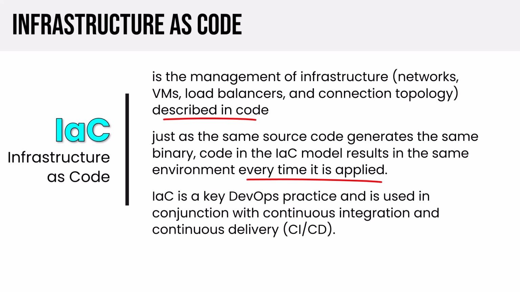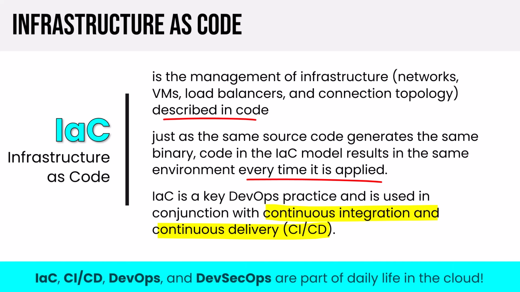Infrastructure as code is a key DevOps practice, and it's used in conjunction with what we call CI/CD, which is continuous integration and continuous delivery, or sometimes called continuous deployment. So with infrastructure as code, we'll automate deployment in what we call a deployment pipeline. We'll often use artifacts like ARM templates. As you learn more about Azure, you'll want to get comfortable with infrastructure as code, CI/CD, DevOps, and DevSecOps, which are really part of daily life in the cloud.